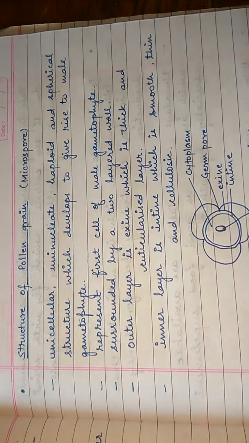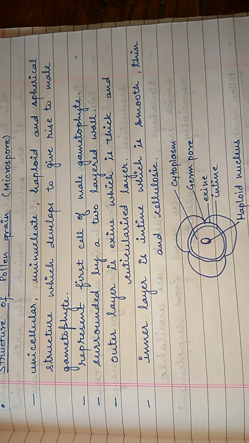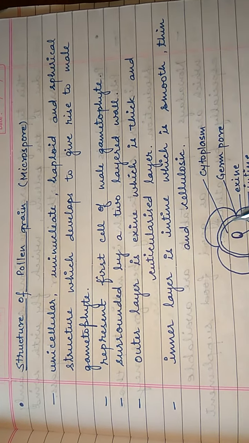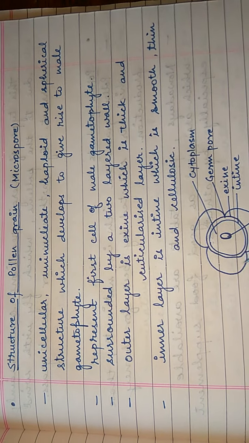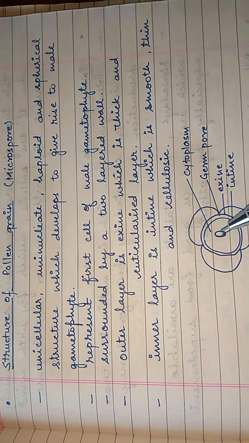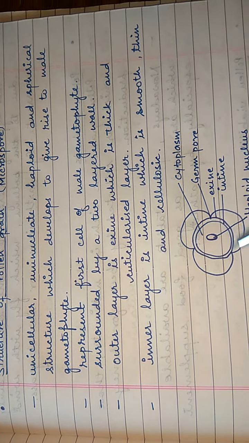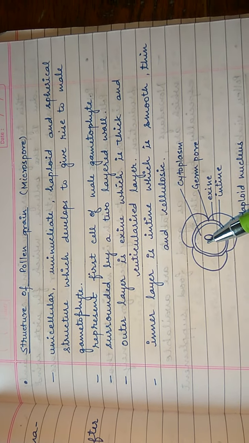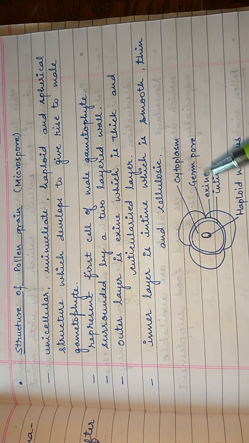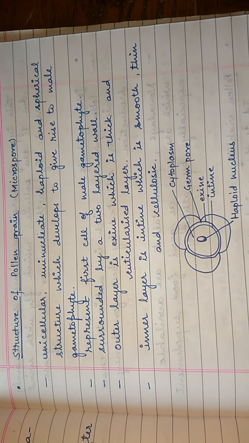Now we have to study the structure of pollen grain or microspore. It is unicellular, uninucleate, haploid and spherical. It develops to give rise to the male gametophyte.